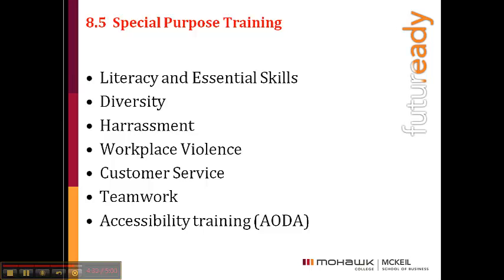Again, you do have an obligation or a right to receive training. There might be specifics with respect to customer service training, teamwork, and again, the Ontario Accessibility Act for those who are disabled. We want to make sure that we understand how to accommodate disabled workers in the workplace. So this concludes our section on training, and next we'll get into career development.